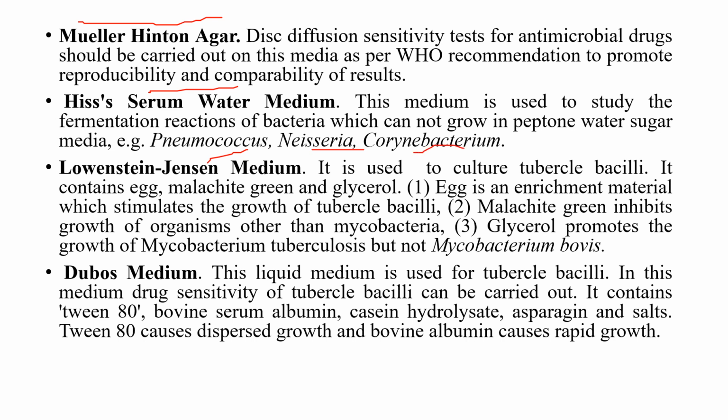Then there is Lowenstein-Jensen medium, which is used for Mycobacterium tuberculosis. Dubos medium is a synthetic media which is also used for Mycobacterium tuberculosis or other Mycobacterium species. This media contains bovine serum albumin, casein hydrolysate, asparagine, and other salts.